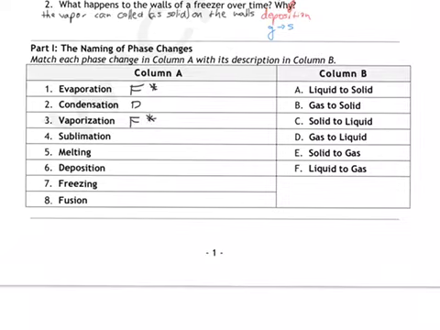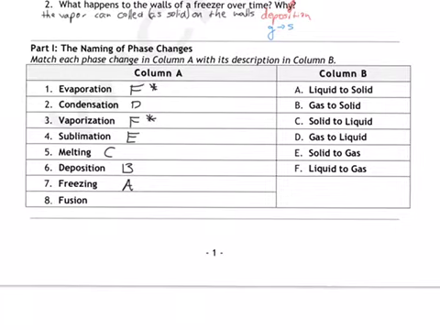So that means that evaporation and vaporization are similar processes. Sublimation, as we've learned, is the change from solid to gas. So that'll be E. Melting is the change from solid to liquid, and that would be change C. Deposition is the change from gas to solid, or B. Freezing is the change from liquid to solid, which would be A. And fusion is either the change from liquid to solid or solid to liquid.